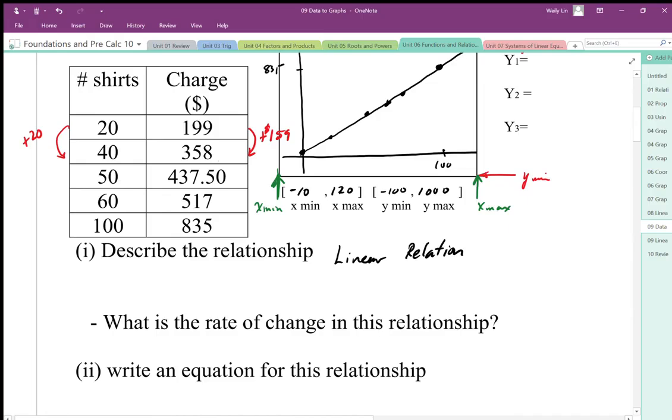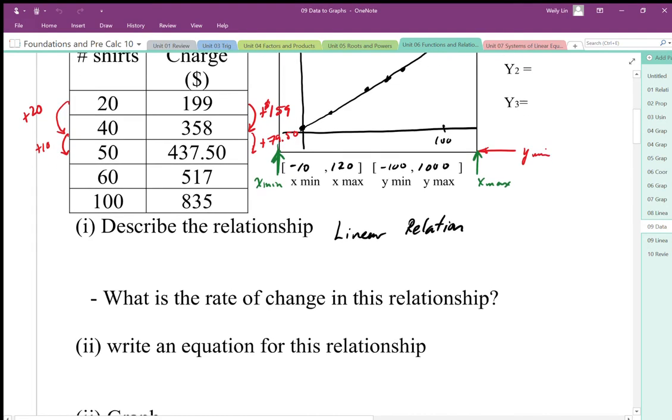I can subtract those numbers to get the difference. I should make sure that's consistent. So it's plus 10 here, plus 10, is going to give me plus $79.50. And so that looks right. The ratio of change looks like it's about 7 if I divide those two numbers.